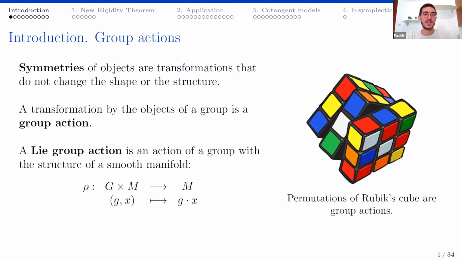Symmetries can be modeled with group actions, and if the group carrying out the action is also a manifold, we call it a Lie group action, which has this general form. The image I put here of a Rubik's cube is a discrete group action, but you can have continuous group actions, like the action I put in the first slide, which has the structure of a manifold.